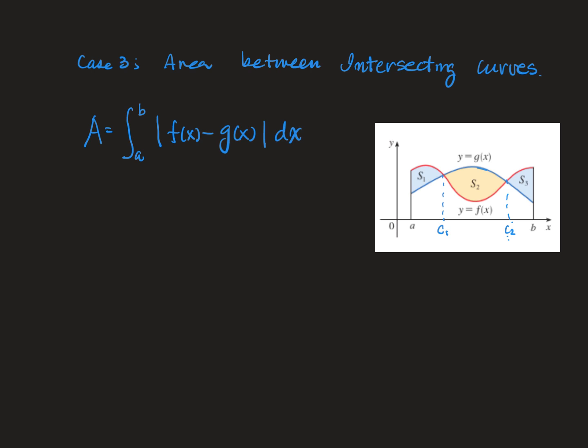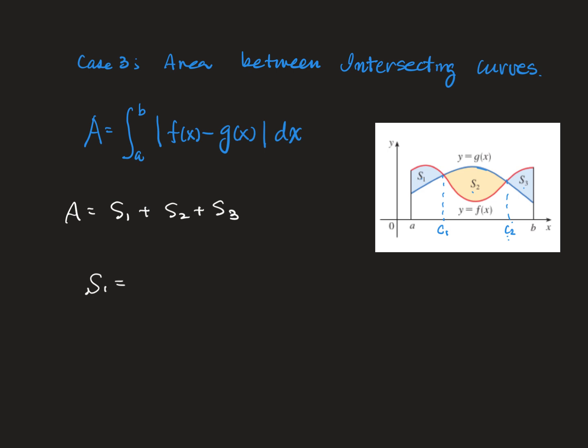So we're going to find this area with S1, S2, S3, three different regions. The area A is going to be S1, the first area, plus the second area, plus the third area. For each area you have to decide what the upper curve is and what the bottom curve is.